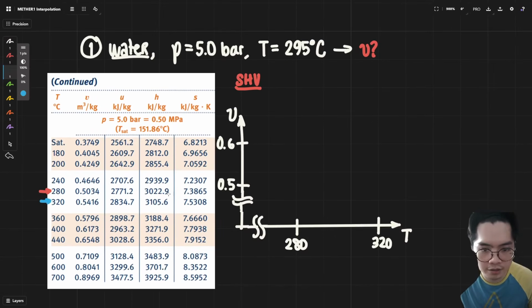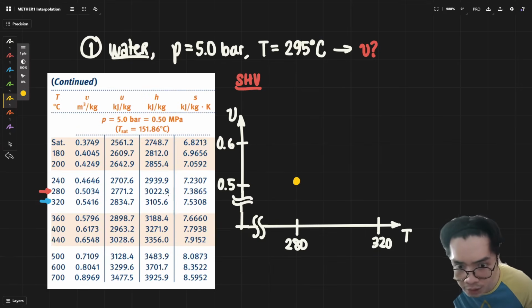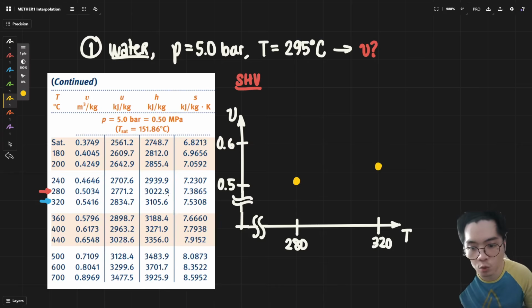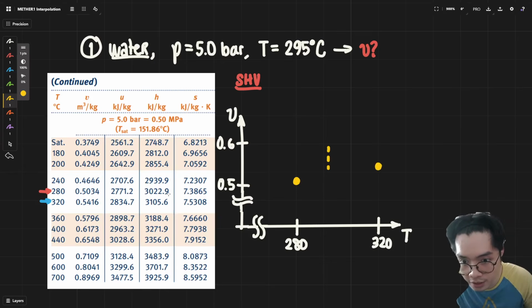Let's say we have here 0.5034, somewhere here. And then your 320: at 320 degrees Celsius, your specific volume is 0.54, somewhere here. Now, what we want is a value for 295 degrees Celsius, somewhere in here.